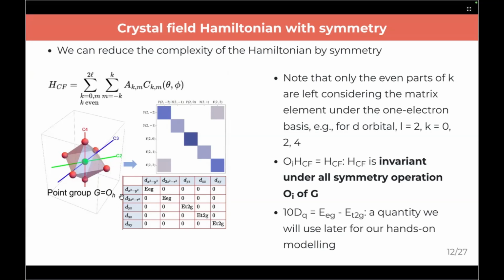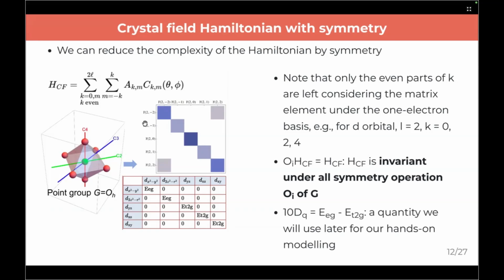So that is how we judge which point group our crystal belongs to. But using such symmetry information, you can very largely simplify the form of the matrix, as you can see here.